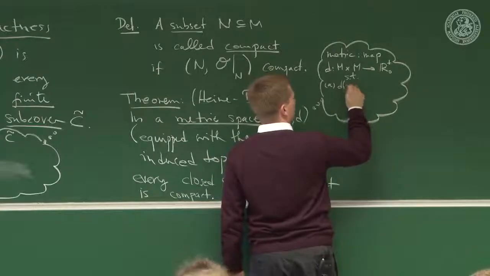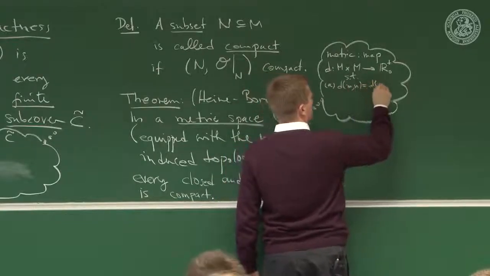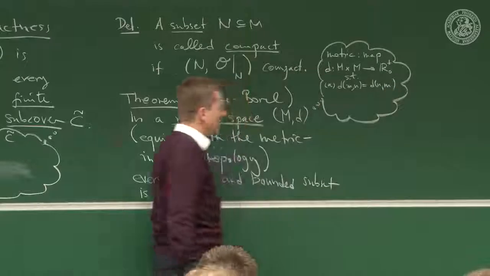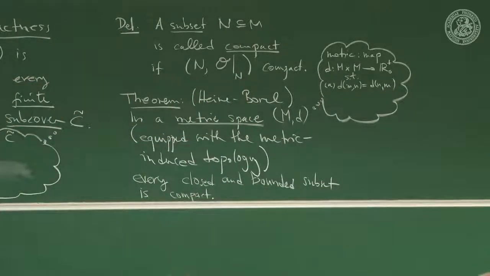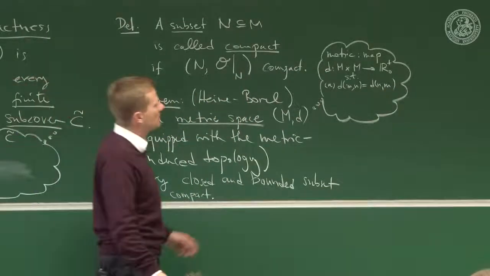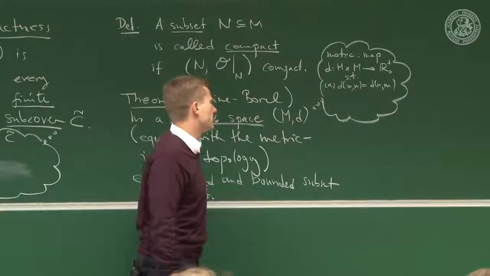First, the metric acting on (m, n) is the same as the metric on (n, m). That means from Paris to London it's the same distance as it is from London to Paris.